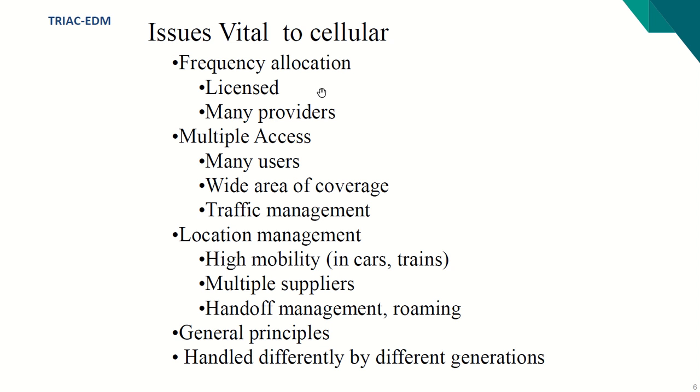For example, ISM band is unlicensed, and there are many providers. So providers compete with each other to get more license. They may have to pay a lot of money for authorization to use the license.